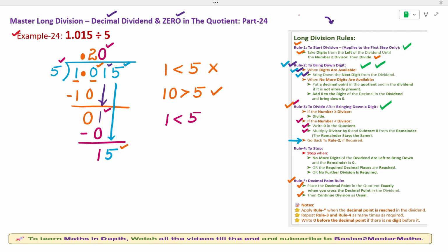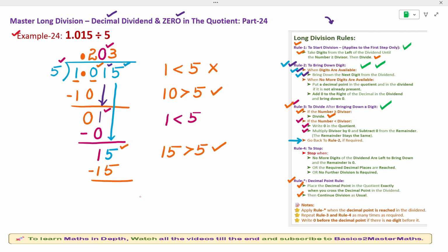Observe, now the number becomes 15, which is greater than the divisor 5. As per rule 3, if the number is greater than or equal to the divisor, then divide. 5 threes are 15.